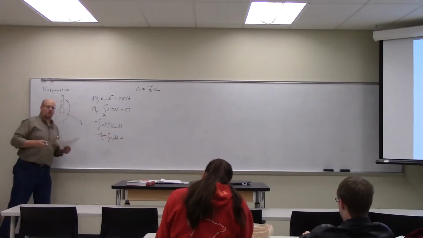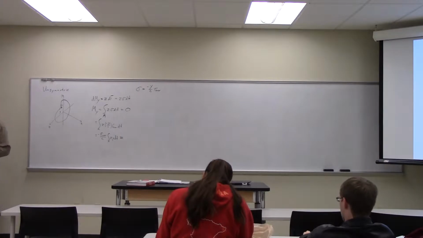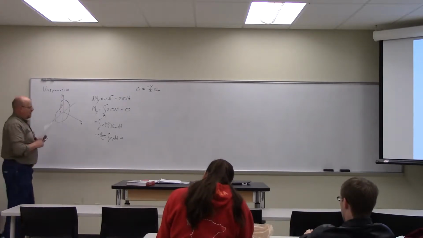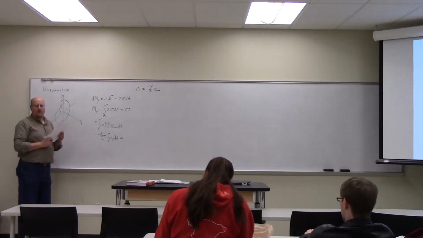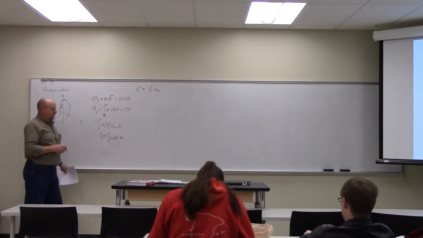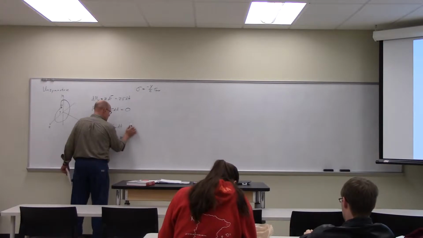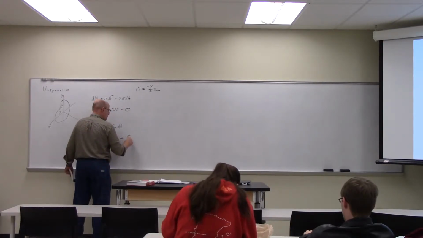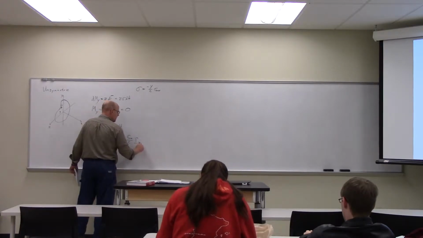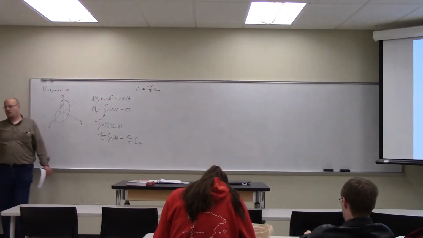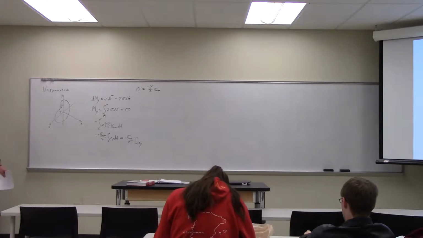Anybody recognize the integral of zy dA? That is not the centroid. That is IZY, the product of inertia. So we have minus sigma max over c times IZY, the product of inertia in the zy plane. Remember that?